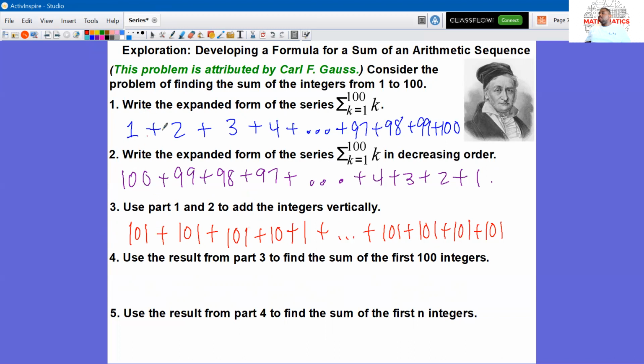So that's actually going to be 101 times 50. Okay, so, excuse me, 101 times 50. Or actually, no, it's not. It's 101 times 100. Excuse me. So it's going to be 101 times 100. And that's 10,100.